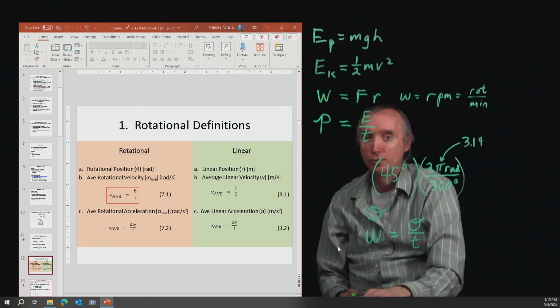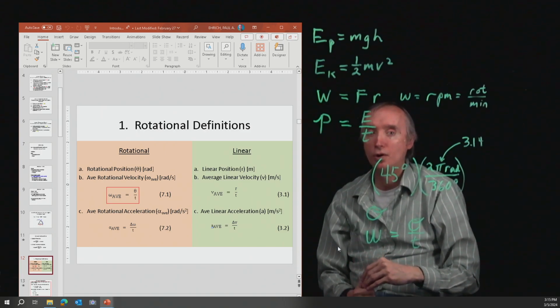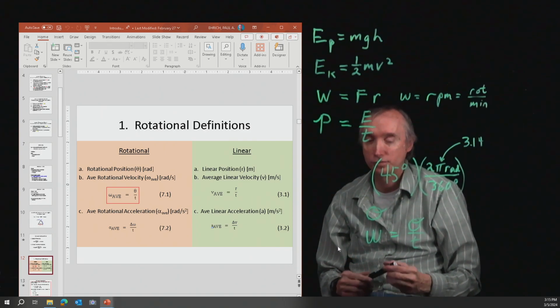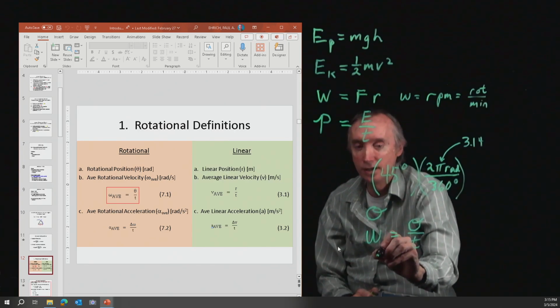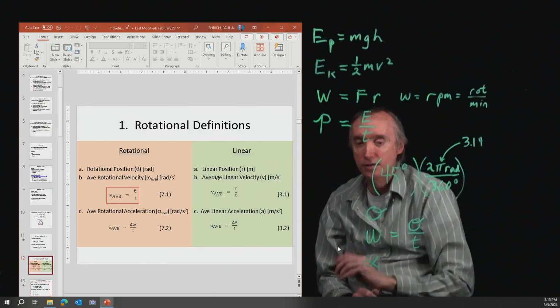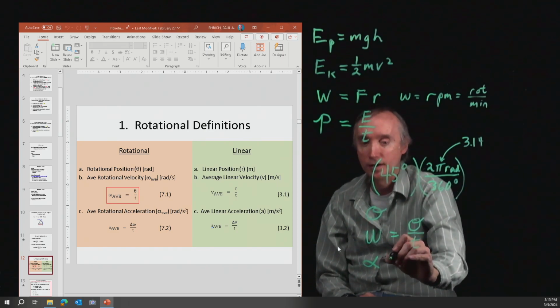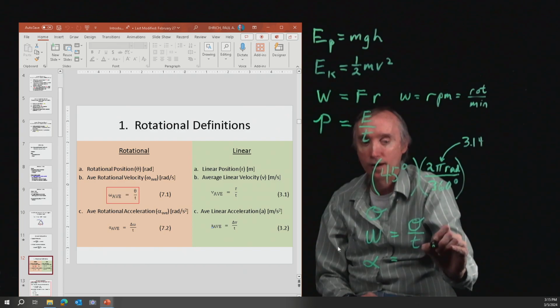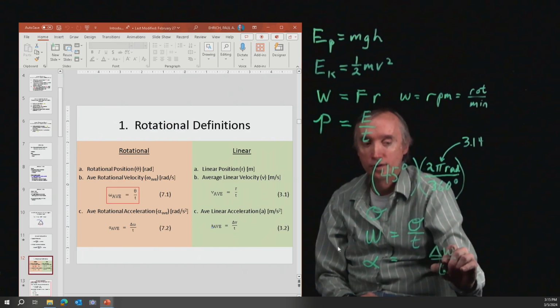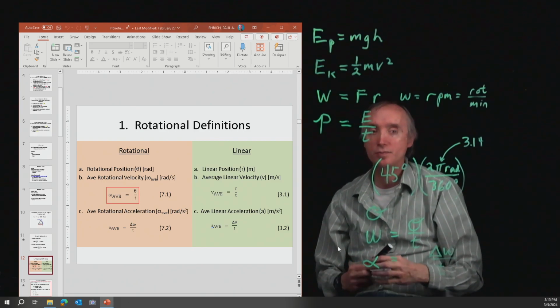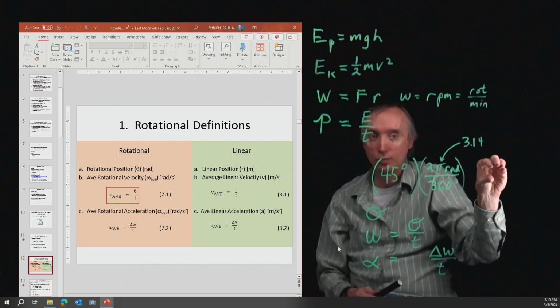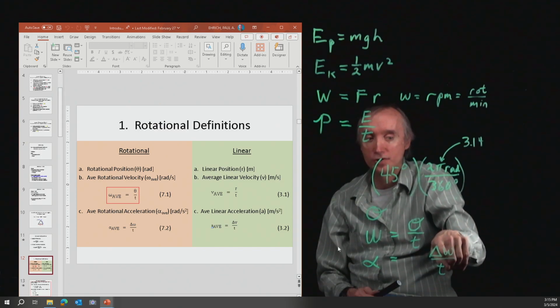I also would like for you to know acceleration. Acceleration is given by alpha, the Greek letter alpha. When you accelerate, it changes your speed. Just like when something is moving sideways and you accelerate, it changes your velocity v, this is changing the rotational speed.